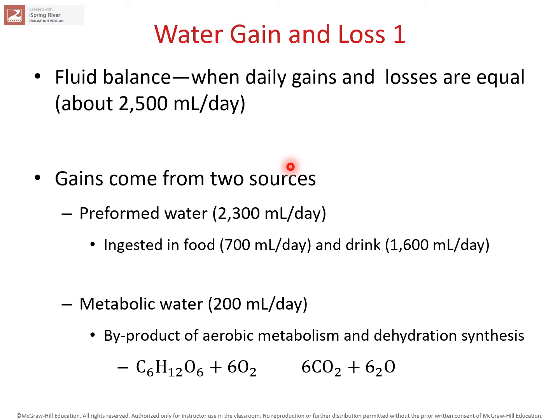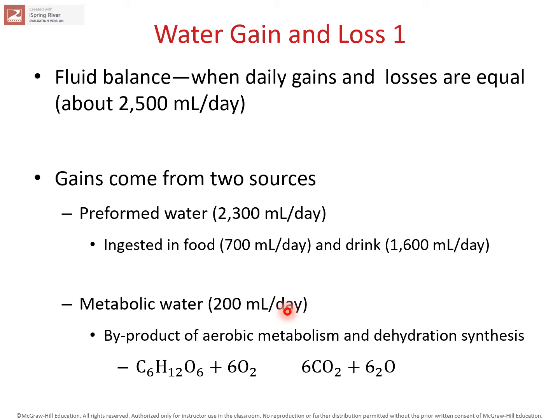Well, gains. Let's talk about gains first. Gains come from ingested food, drinks, a lot of moist foods, cool drinks, water, beverages, and about 10% is a byproduct of oxidative metabolism, right?